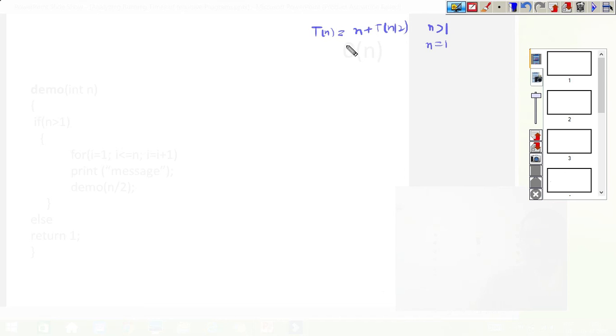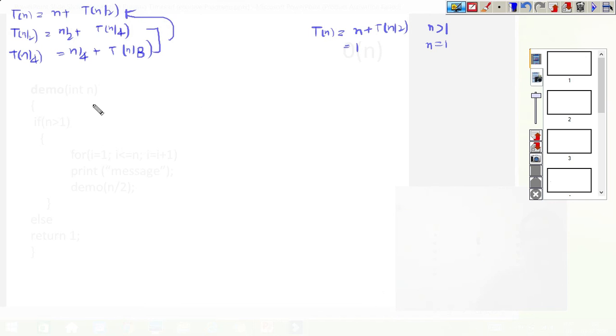So I am going to write here T(n) = n + T(n/2), and then I keep on expanding. T(n/2) will be n/2 + T(n/4), T(n/4) equals n/4 + T(n/8). Okay, so these two equations will be used in our main equation.